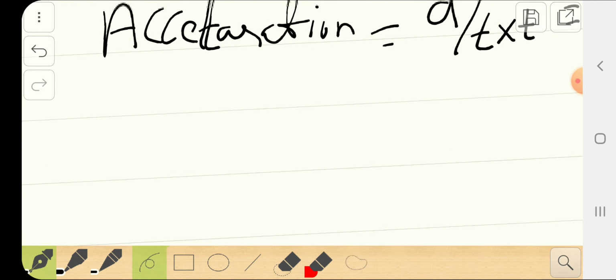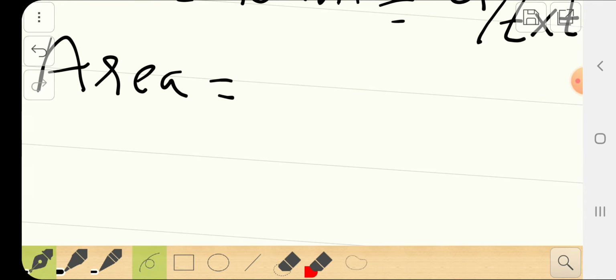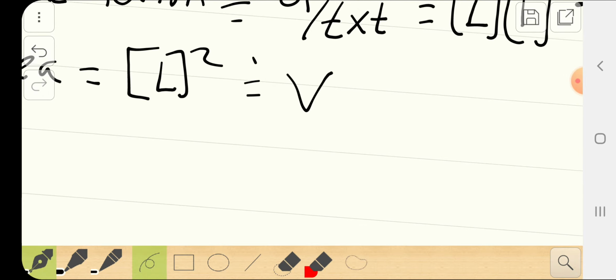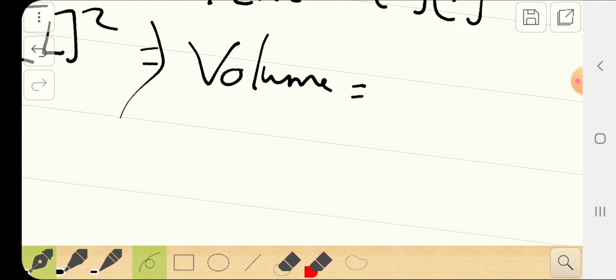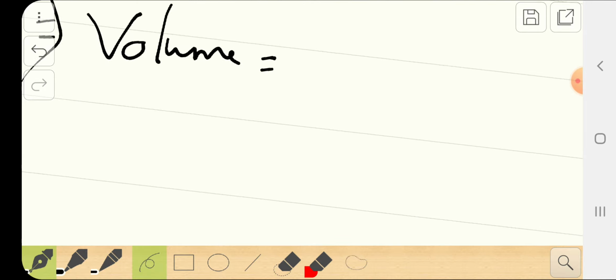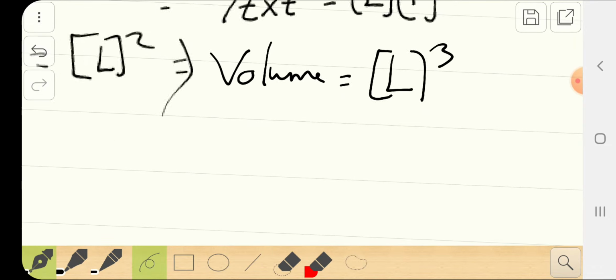And then you have area. You can define area, which is an easy one, right? Area is L squared. You can define volume. You can say you have 1 liter of something. That means it's a derived unit. So it's L cube, right? That's easy.